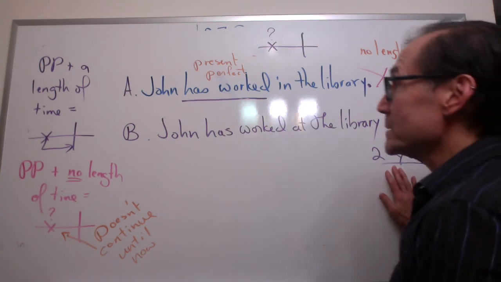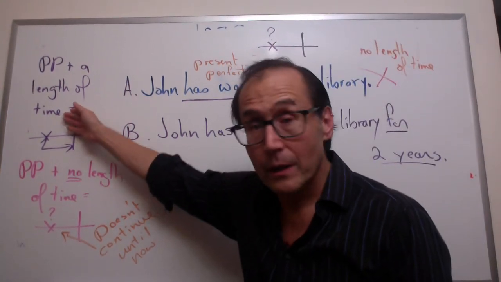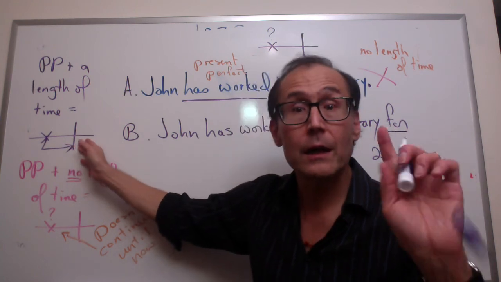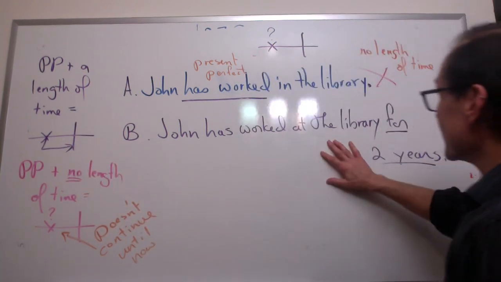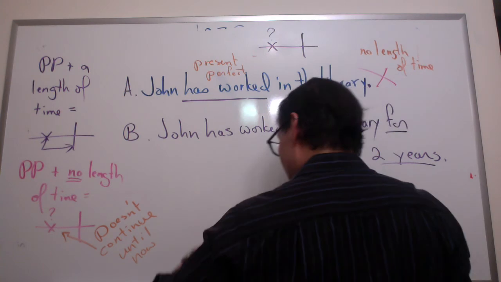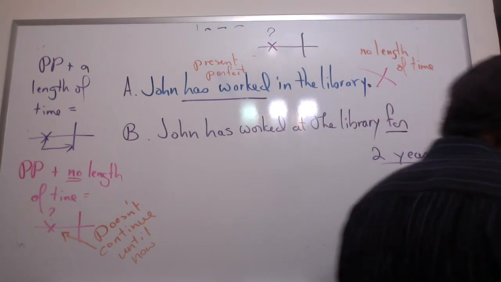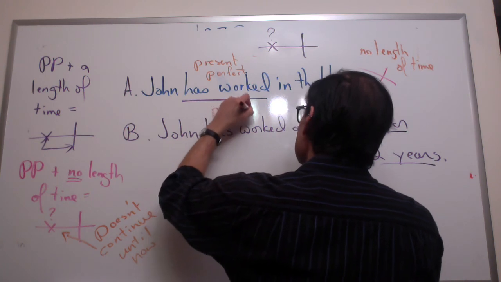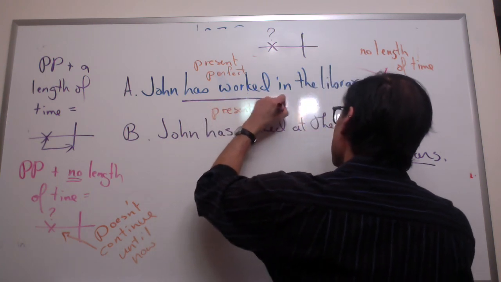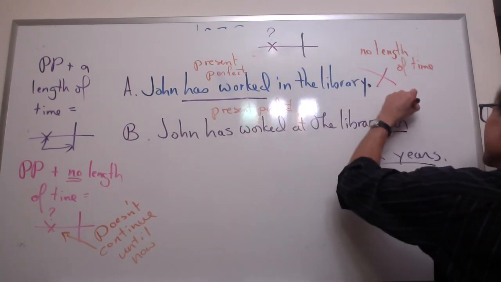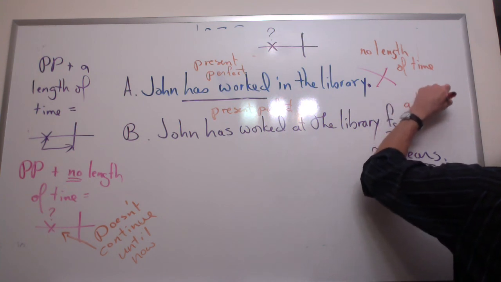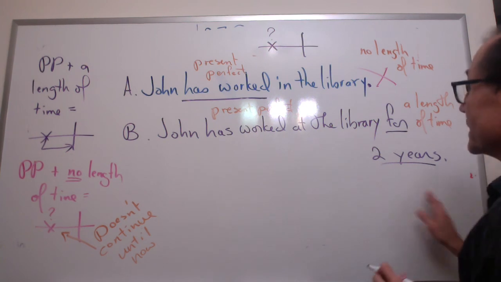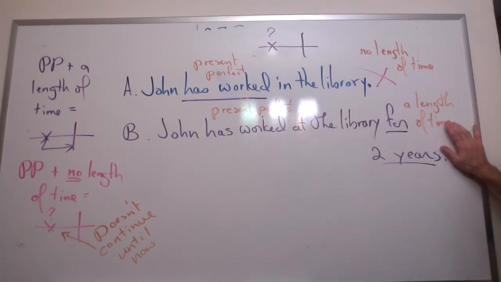When I use present perfect with a length of time, it means that it started in the past and it has continued until now. So this one, I have present perfect. Let me use a different color here. I have present perfect. And I have a length of time.